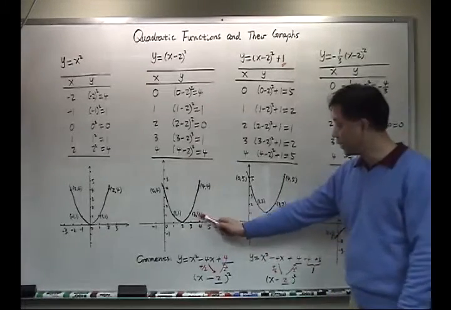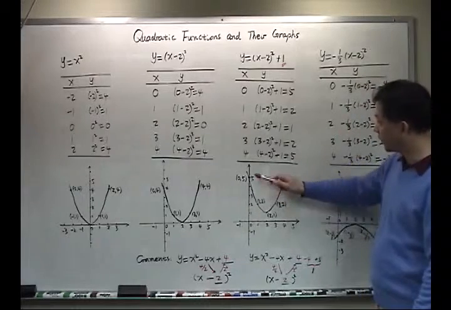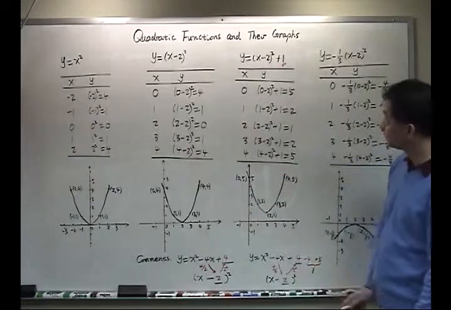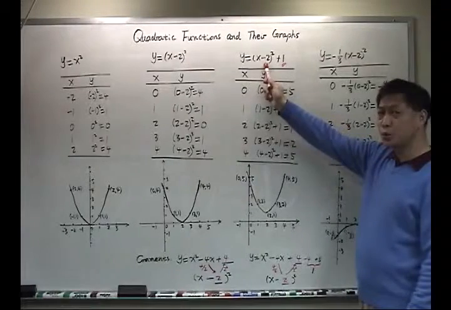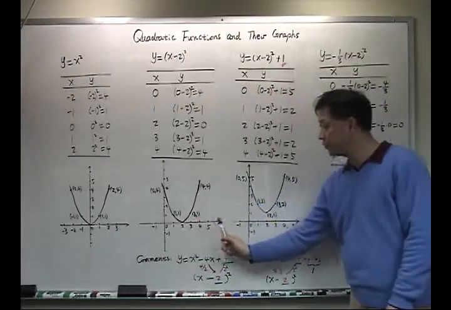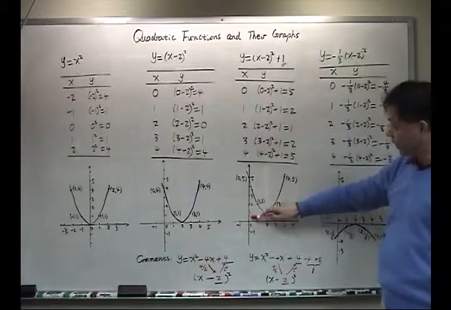3, 1, now it's 3, 2. 4, 4, now it's 4, 5. So 1 unit up. Be careful right here: -2 is the positive direction, plus 1 is the positive direction for y.